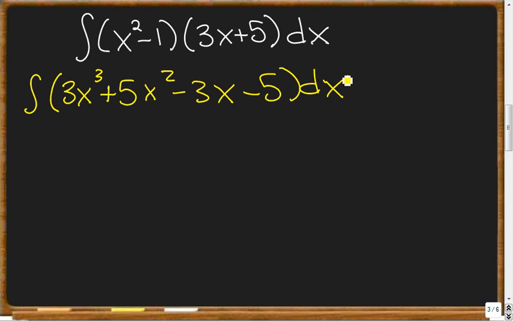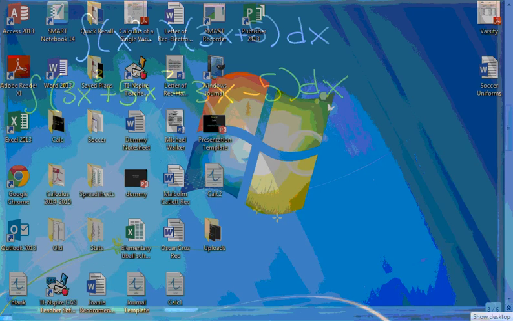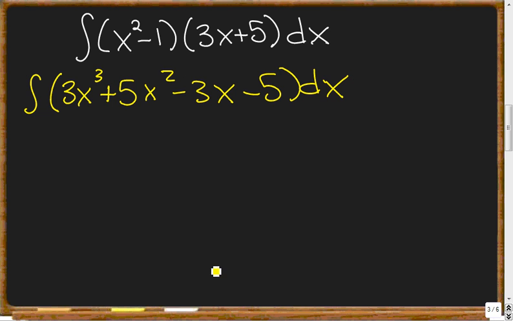This is a really long string of things, but one of the rules that we talked about in the concept videos is that if we're adding or subtracting terms, we can split this up. You don't have to do this every time, but I'm just going to show you that you can think about these as integrating individually.